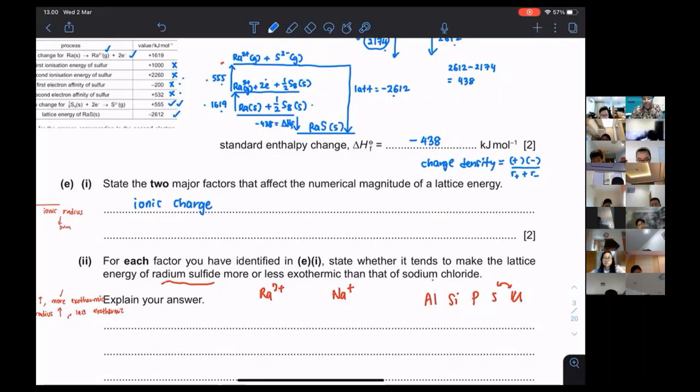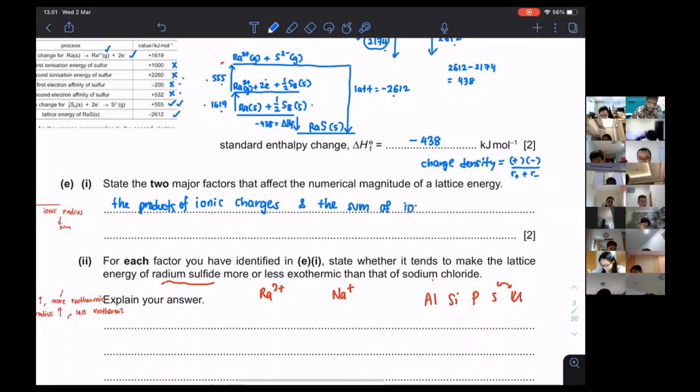If you want to go into detail, it is the product of ionic charges, and the other factor is your ionic radius, where we can write down the sum of ionic radius.